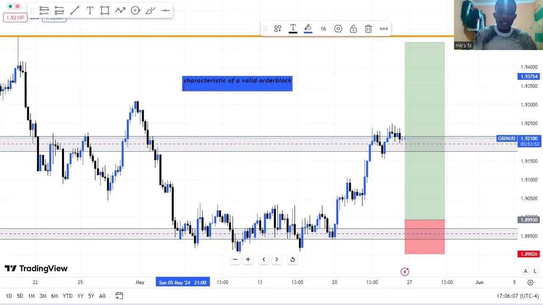All right, we have the characteristics of a valid order block. Number one, the order block should create a new low or a new high. Thus, the order block should have a break of structure or a change of character.